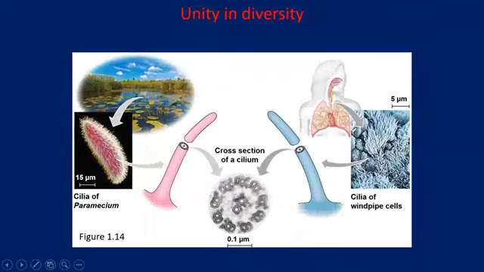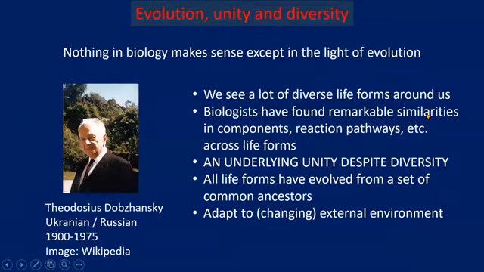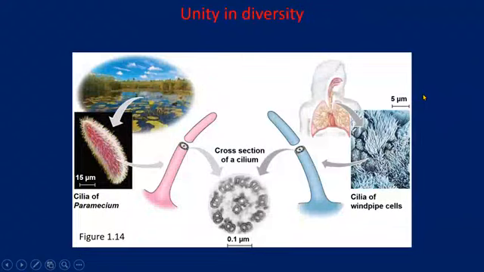But even though you have so much diversity in biology, among organisms, there could be unity in terms of some kind of functioning. Here you see cilia from two different organisms. This is the cilia of a paramecium, and the blue is the cilia of a windpipe cell in the throat of a human being.